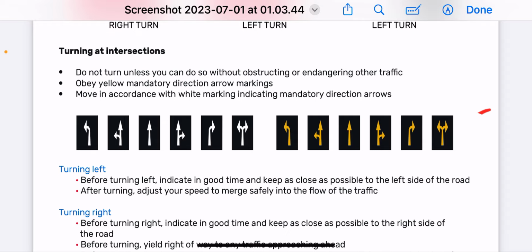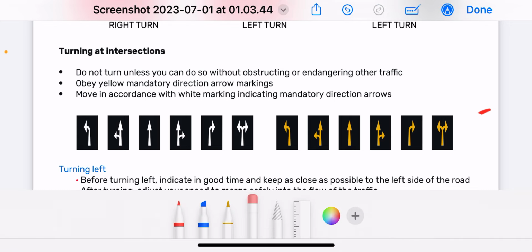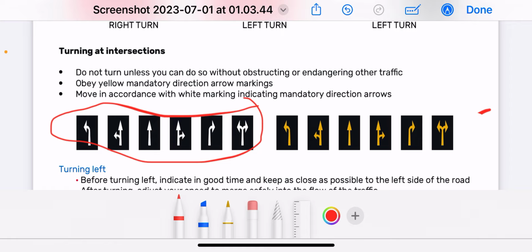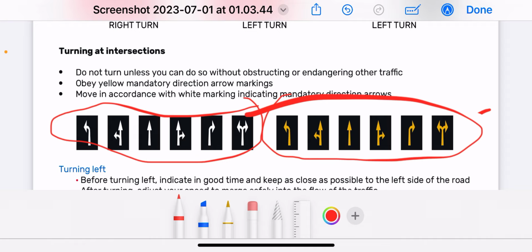And then move in accordance with the white marking indicating mandatory direction arrows. These ones, they are called mandatory direction arrow ahead. They are telling you that where you are going, you will find the yellow ones of the same.